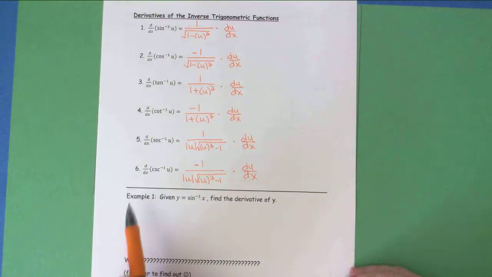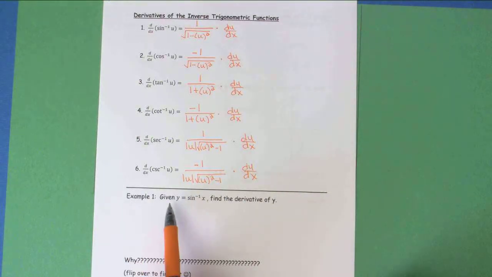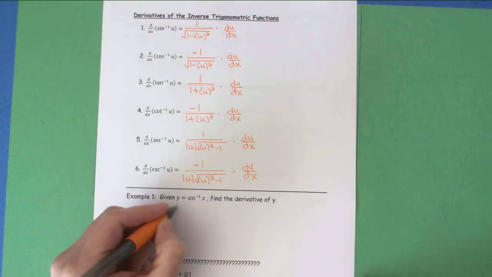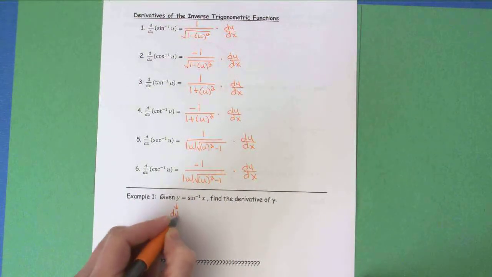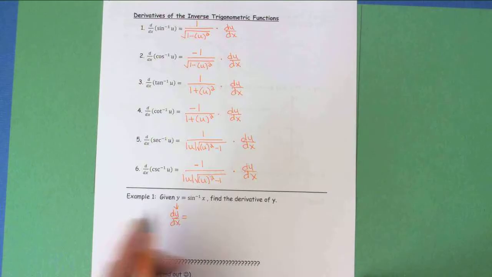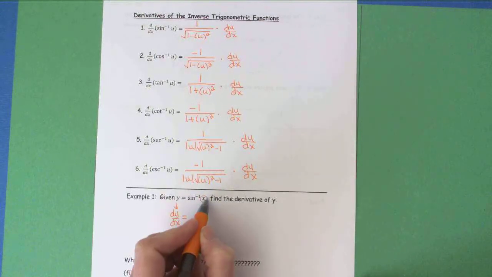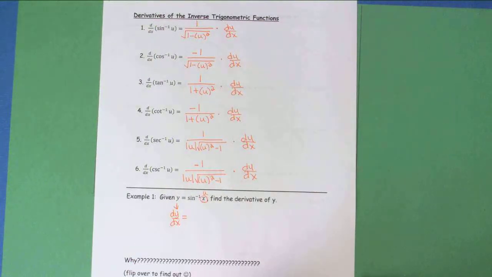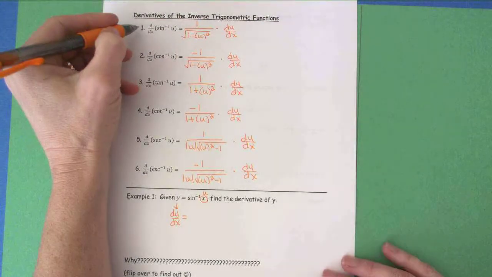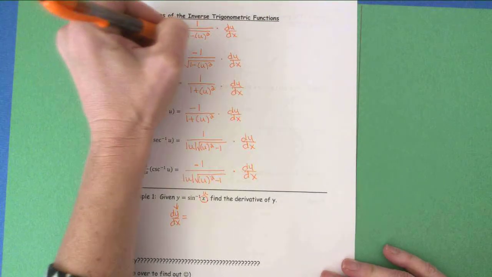If you look down here at example 1, it says given y equals inverse sine x, find the derivative of y. If we want to find the derivative of y, that's going to be dy dx. Now we're going to find the derivative of sine inverse x. Because it's sine inverse x, x is our u in this situation. So if we trace back up to formula number 1, we're just going to plug and chug here.